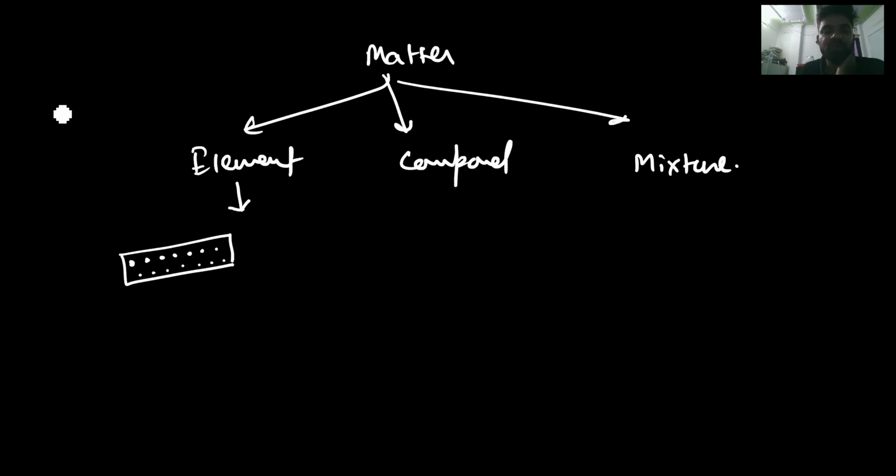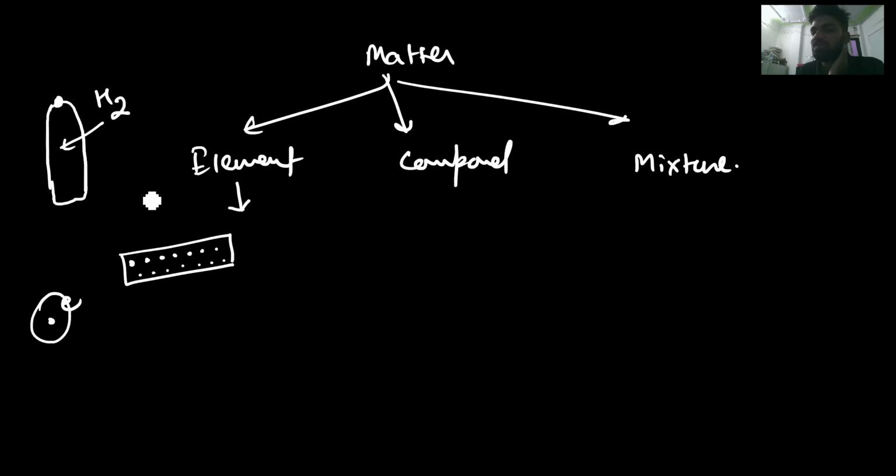For example, if you have hydrogen gas in a sample, in a tumbler or somewhere, this hydrogen gas is going to have the similar kind of atom, that is, one electron in its outermost shell with one nucleus. Okay, so they're going to have this type of atoms. So we simply say that elements are pure substances that consist of only one kind of atom.